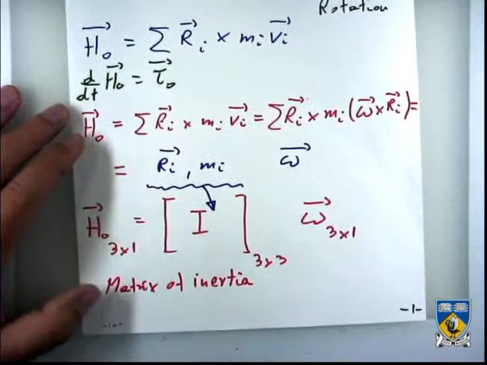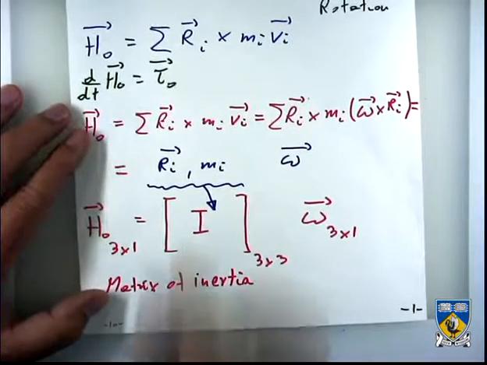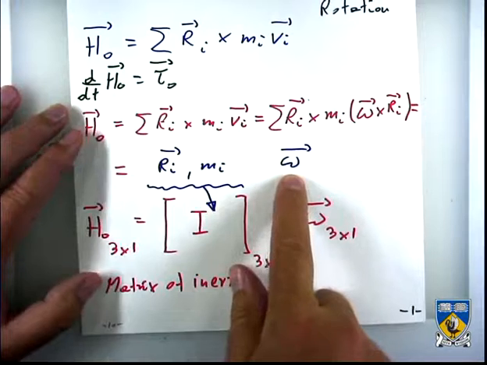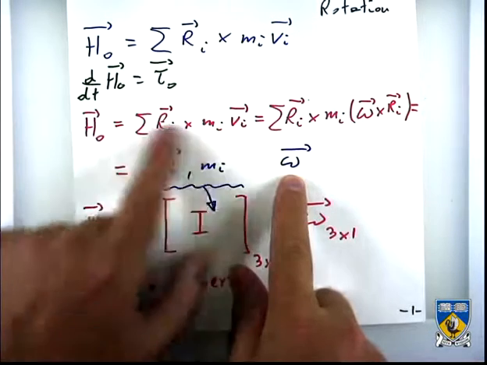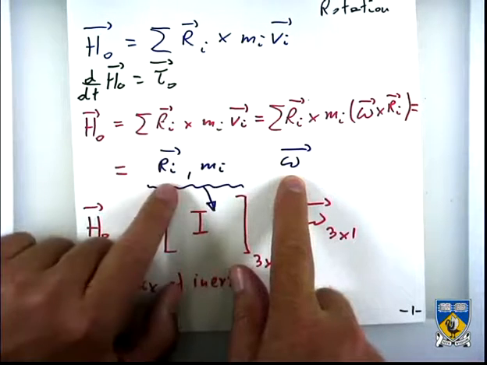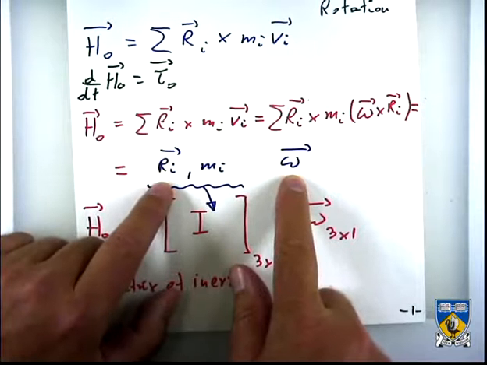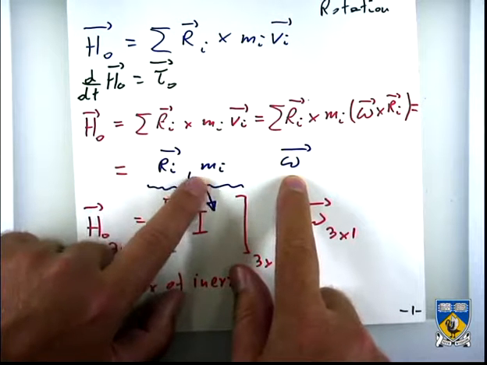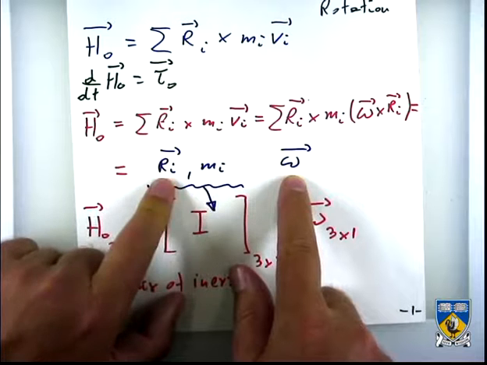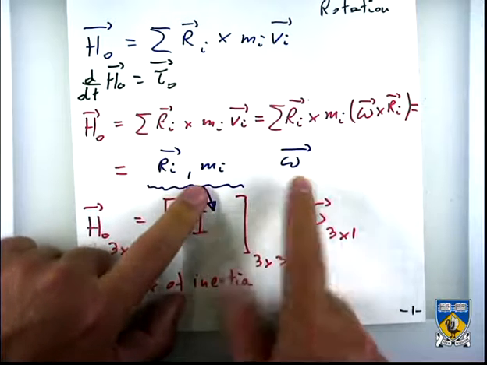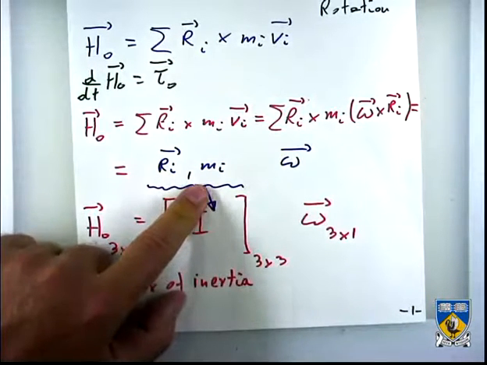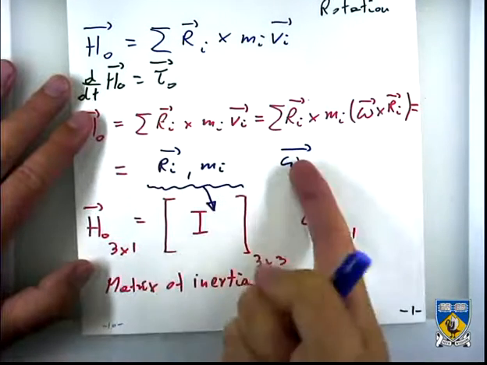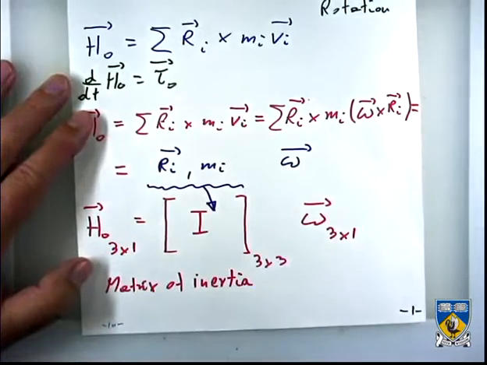Without any derivation of equations, we can see that we have a vector of angular velocity multiplied by something, here in blue, that depends on the distribution of mass, right? The masses and the radii on which these masses are placed. So this thing is the distribution of mass, and this is the vector of angular velocity.